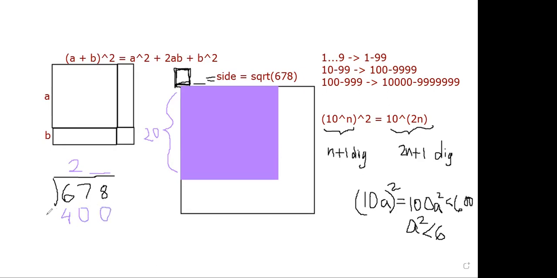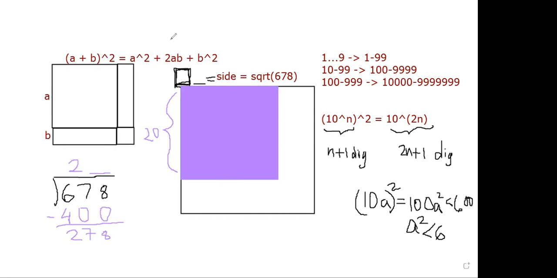And we are left with 278. Now this 278 is nothing but the area of this inverted L, the remaining area. Now we need to estimate, find the units digit.